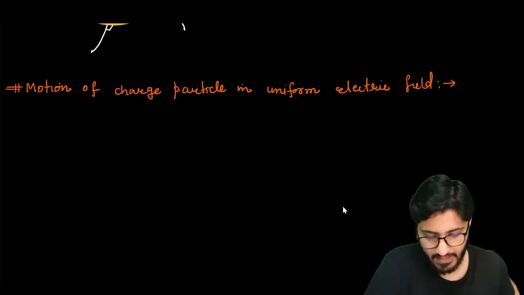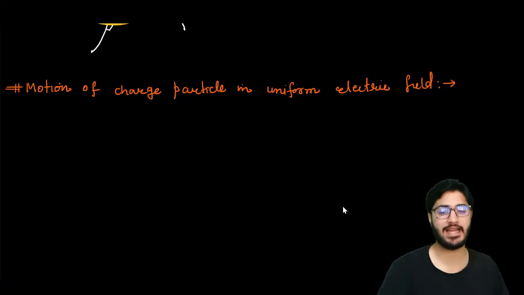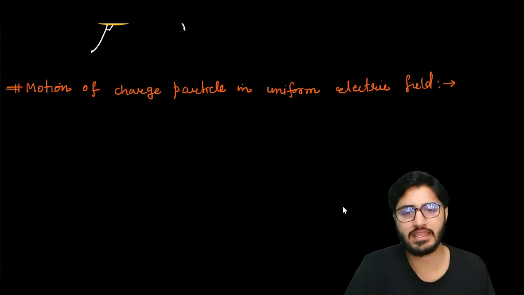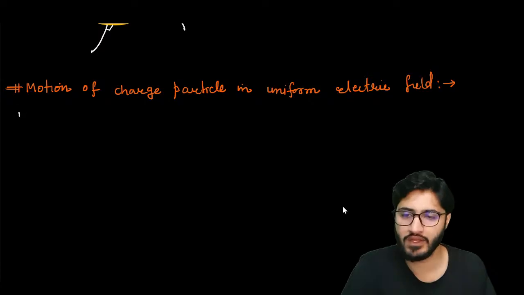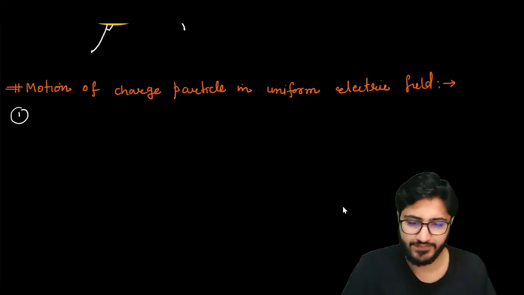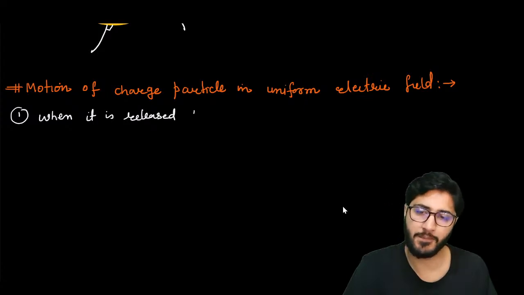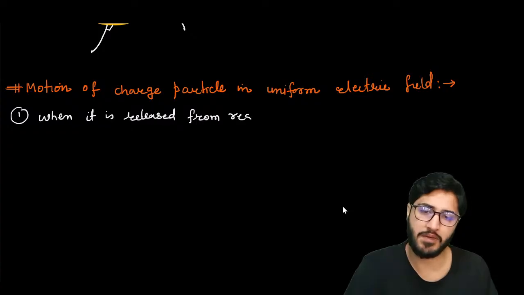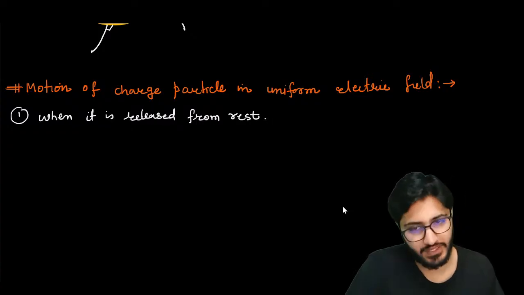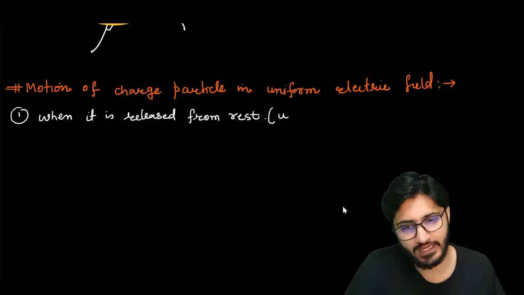Case number first. When my charged particle is released from rest, that simply indicates my initial velocity is zero.